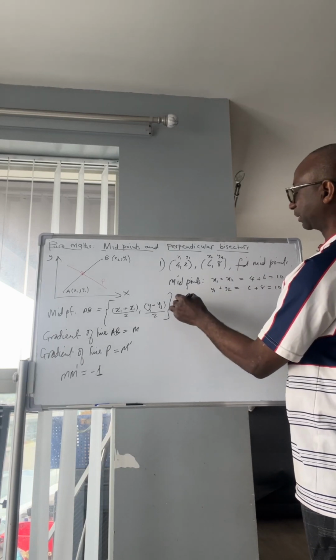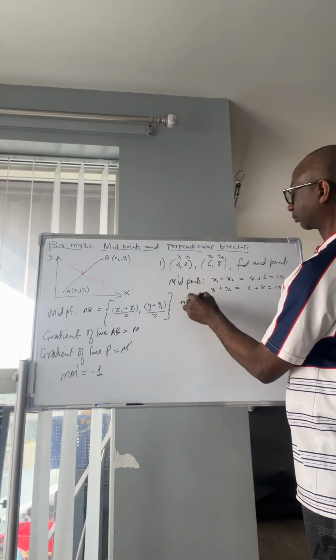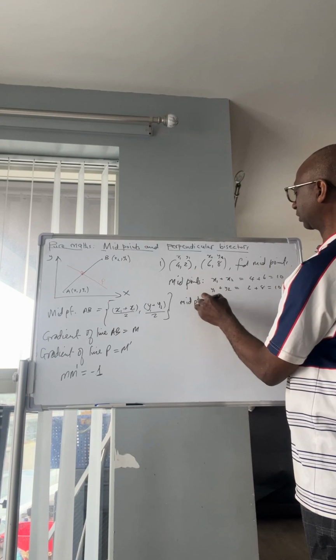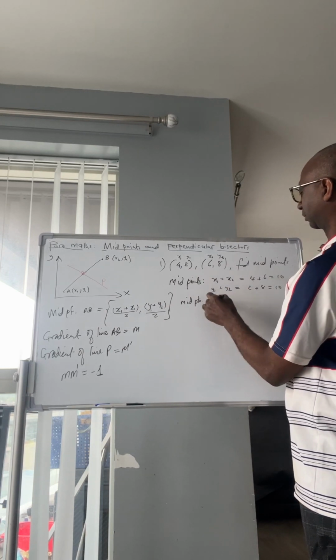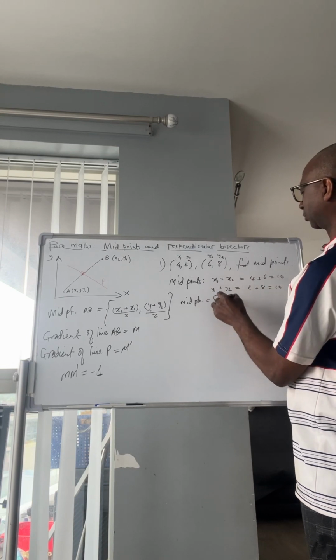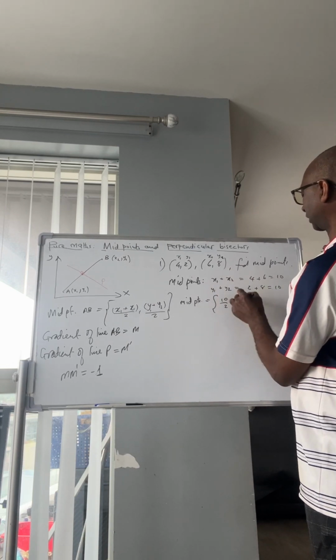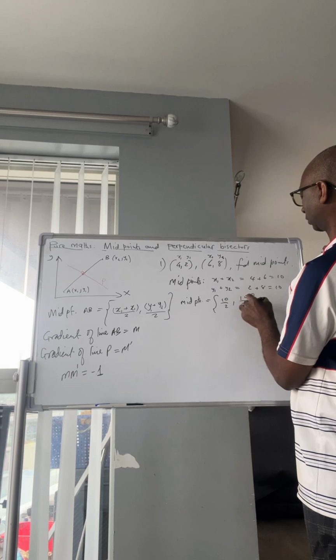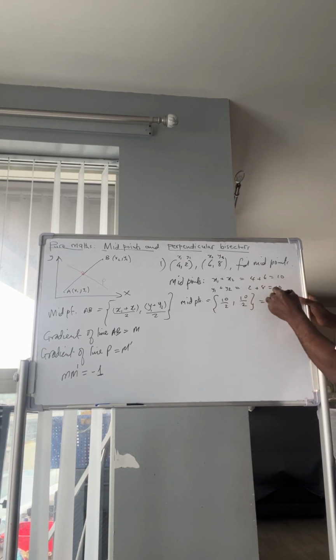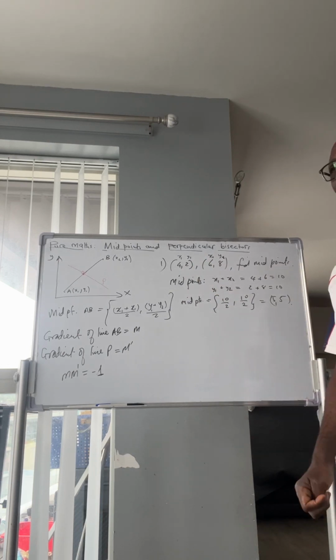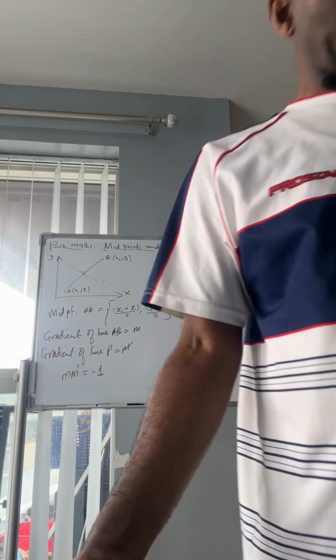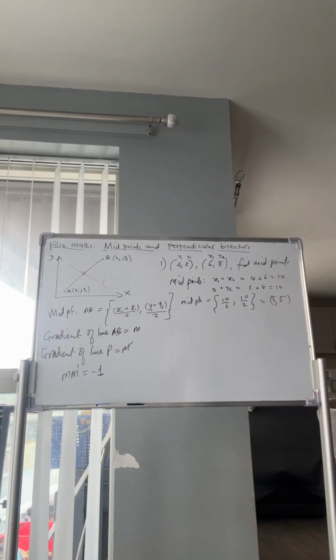So now the midpoint is equal to 10 all over 2, comma 10 all over 2, which is 5, 5. So that's the midpoint of this line segment. It's easy. This is just adding and dividing by 2.